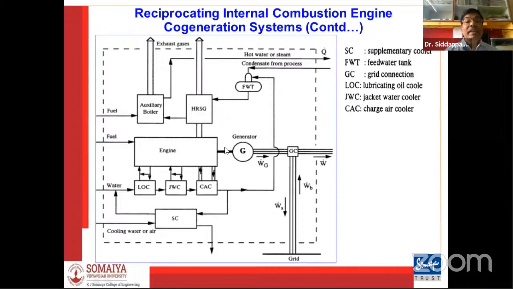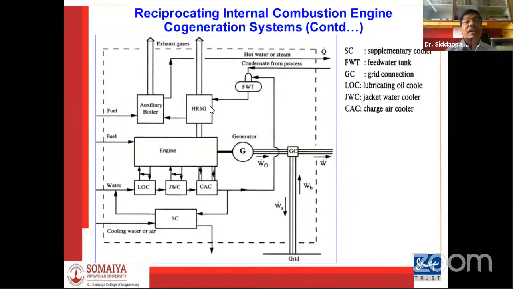Then as the gas comes out from the engine exhaust, you can use it in an HRSG system, that means the heat recovery steam generator. Afterwards, whatever exhaust comes out from the HRSG system is sent to the atmosphere.